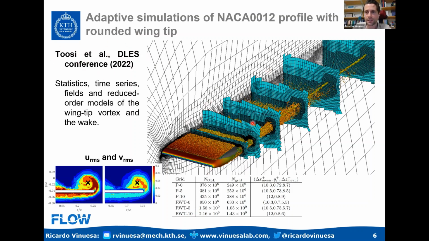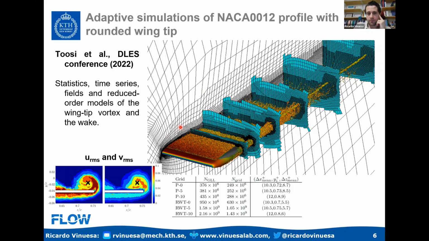actually see how we can simulate a wing with a finite dimension where we have a rounded wingtip. You can see how this adaptive meshing allows us to track the evolution of the wingtip vortex. We can actually refine in the regions where we need more refinement. We coarsen as we go towards the far field, and we can actually achieve a quite high fidelity definition of this complex flow field.